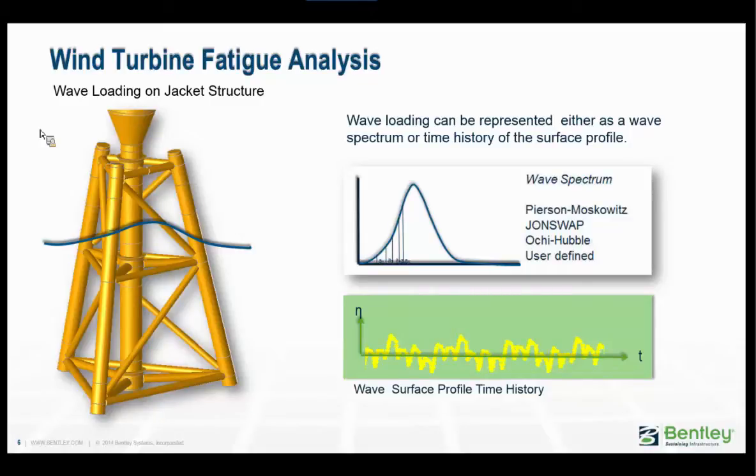The various wave spectrums available include the Pierson-Moskowitz, JONSWAP, Ochi-Hubble, and user-defined. In addition, if you have the measured wave surface profile of that location, you could use that directly to generate the actual loads on the structure.